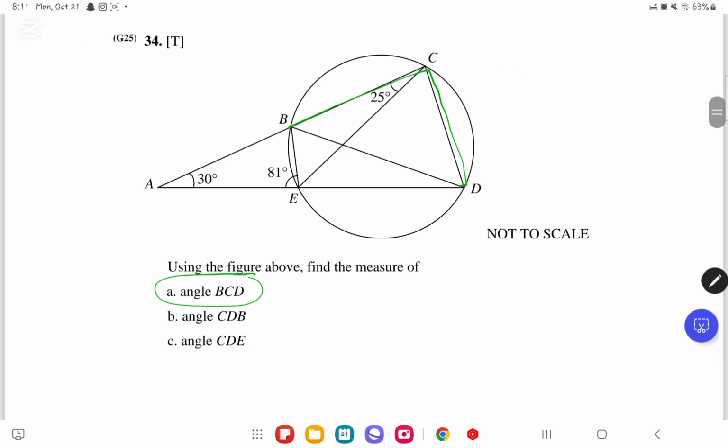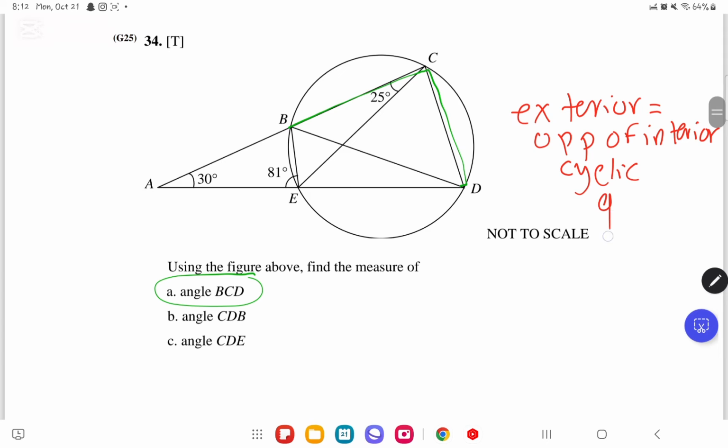You have a cyclic quadrilateral, and we remember that the rule in a cyclic quadrilateral, and we also have an exterior angle, by the way, the rule between a cyclic quadrilateral and an exterior angle is that exterior angle is equal to the opposite of the interior only in the case of a cyclic quadrilateral. Okay?